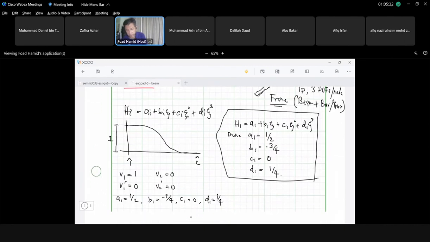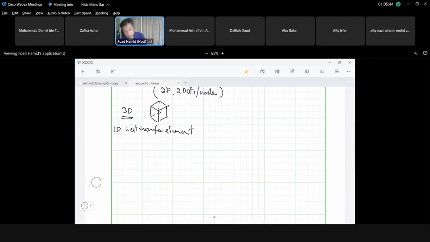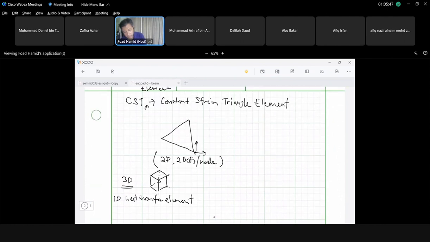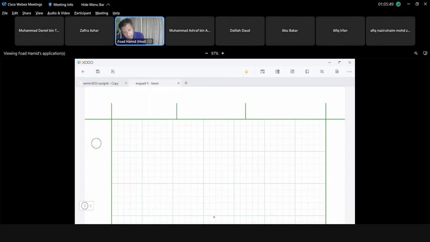Okay, so we've done this. So this is for H1. So let's put on a new page here. Okay, so this is our CSP. H1 is equal to A1 plus B1 Z plus C1 Z square plus D1 Z cube.